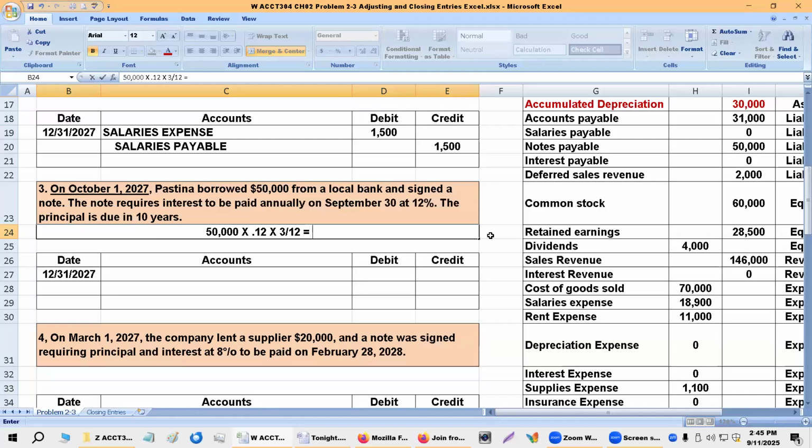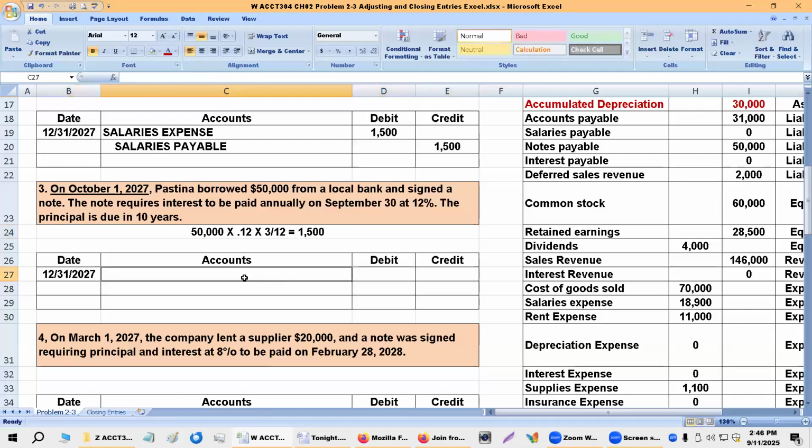So times 3 divided by 12. Hey, that's 1,500. Okay, so we owe them 1,500 of interest as of the end of the year. So we owe them 1,500.